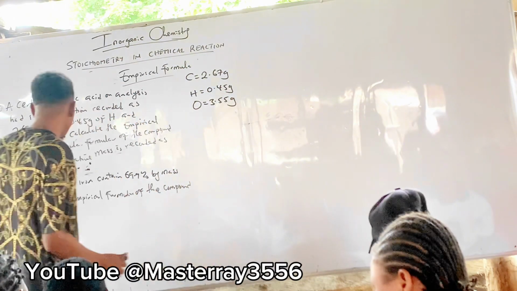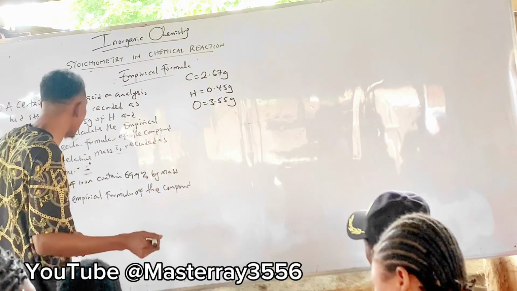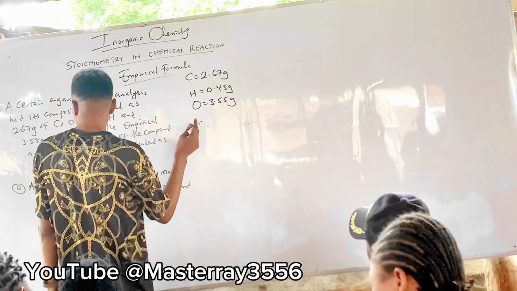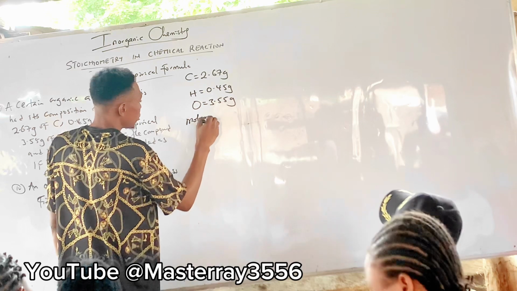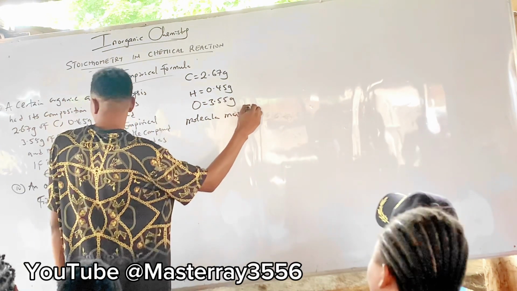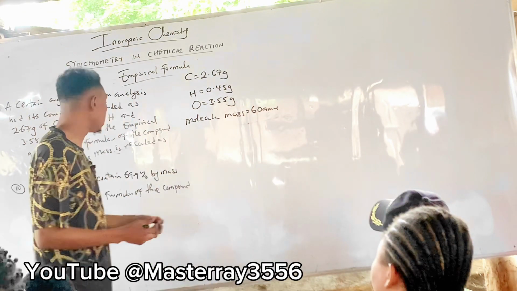We are asked to calculate the empirical formula and the molecular formula. We are given the relative molecular mass, right? Our relative molecular mass was given to be 60 atomic mass units.